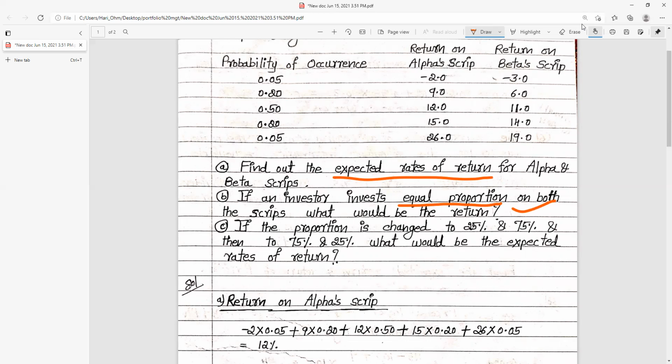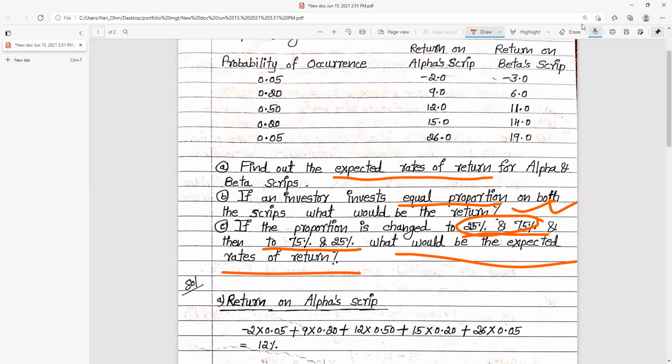Okay, if the proportion is changed to 25% and 75% and then 75% and 25%, what would be the expected rates of return? Here you need to calculate portfolio return itself, but you need to change the proportion.